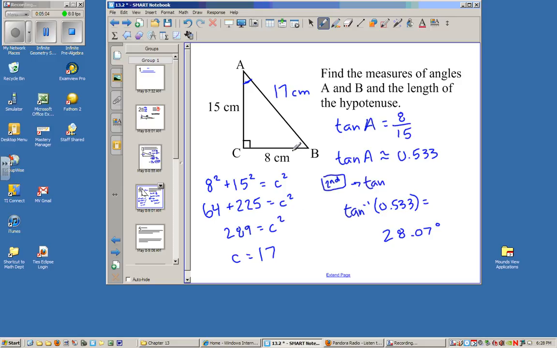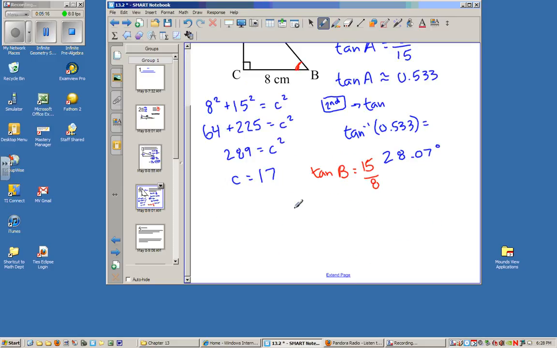And we can run through the same thing with angle B. We just have a different fraction now. The tangent of angle B is going to be our opposite over adjacent, which is 15/8. Solving this, we get tangent of B equals 1.875. And here's where we use that second tangent button again, to get our tangent inverse of 1.875.